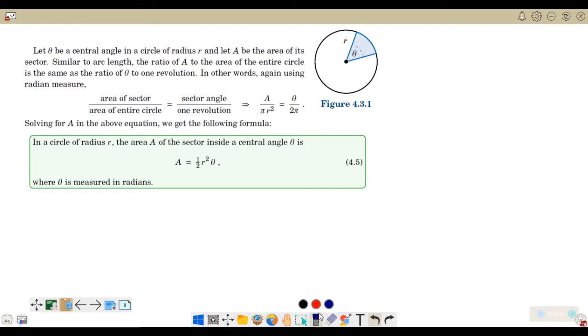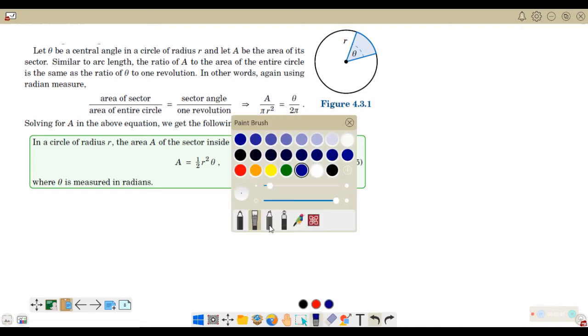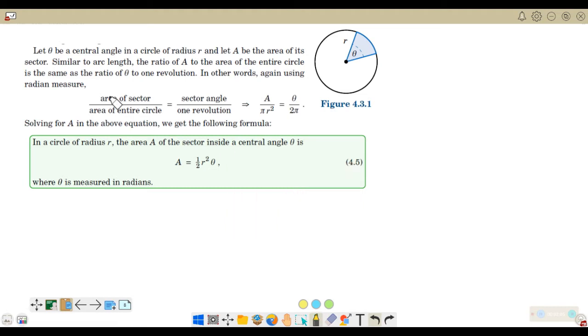So, ang ratio ng area of a sector to area of the entire circle is the same as the ratio of the sector angle over 360 degrees or 2 pi, which is 1 revolution.